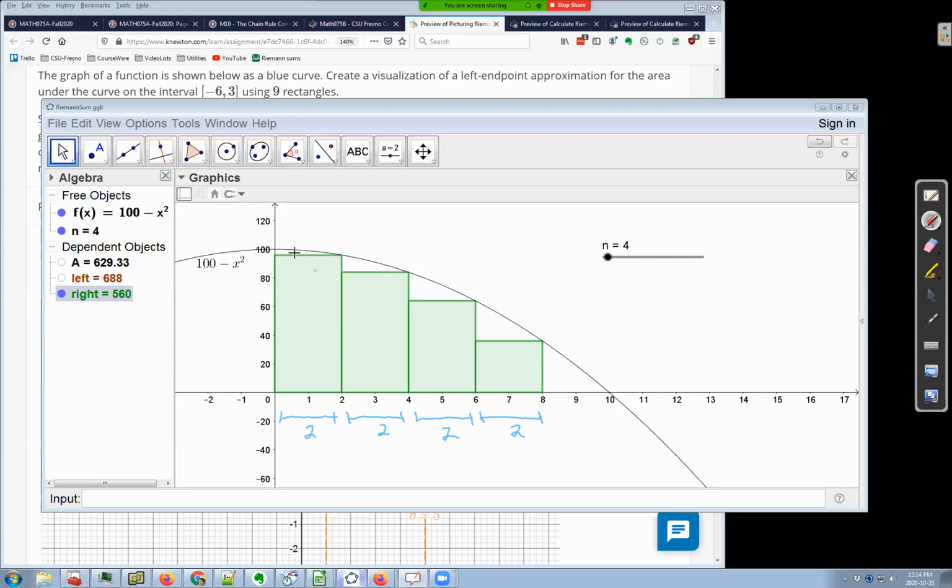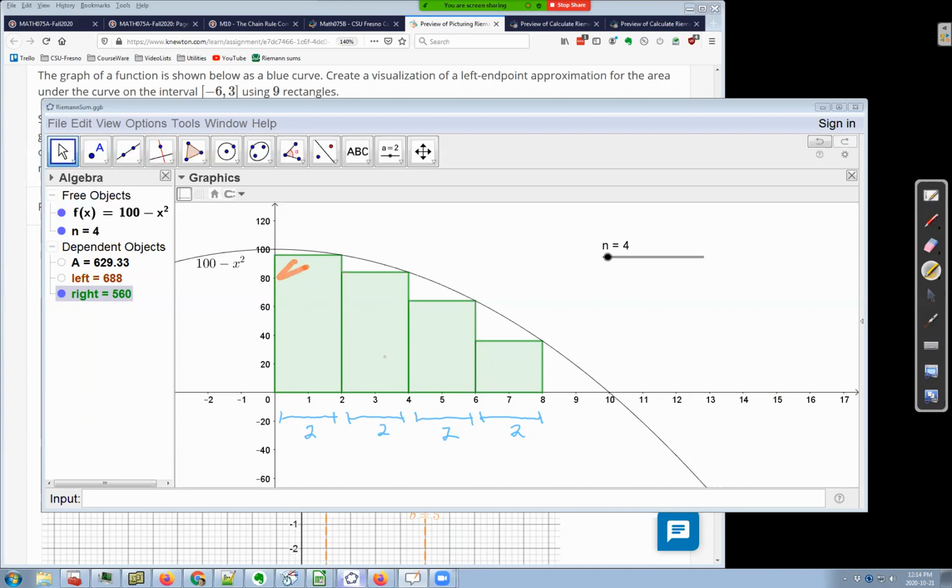Well, the key idea is if I look at this rectangle, the height of the rectangle is where the left edge of the rectangle hits the function. Did I say left? I said the wrong thing. I meant to say right. Sorry about that. Let me highlight.